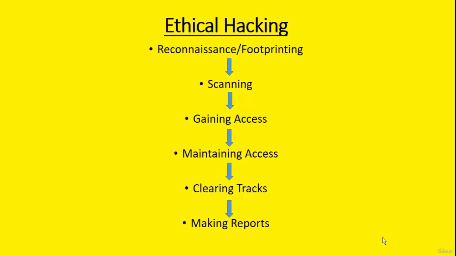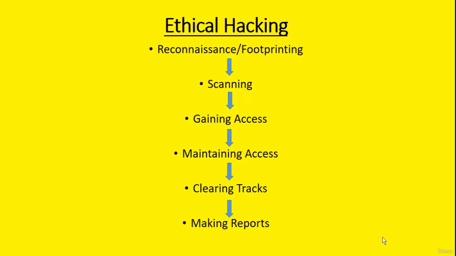First is active footprinting and second is passive footprinting. In active footprinting, we directly interact with our target in order to collect information about the target. And in passive footprinting, we use public websites or social media platforms instead of directly interacting with the target.